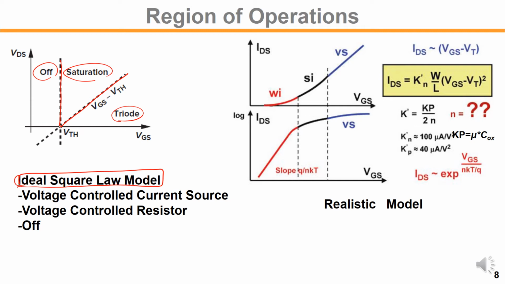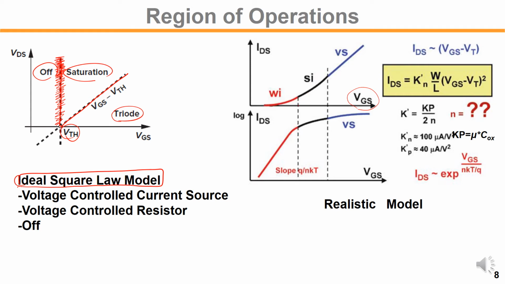So we define the off state when the VGS is below the threshold voltage. But there is some ambiguity here. If you zoom in on this region more closely, it isn't like this.